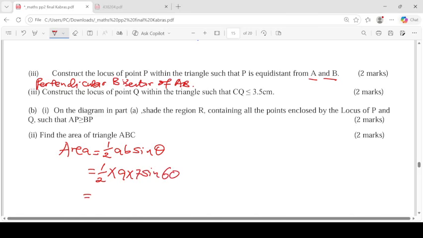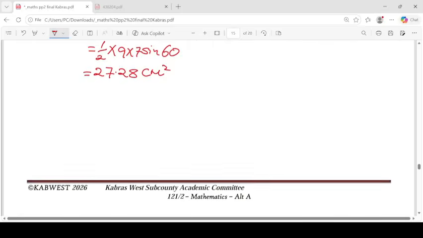When you place this in your calculator, you are going to get the answer 27.28 square centimeters. That is the area of that particular triangle.